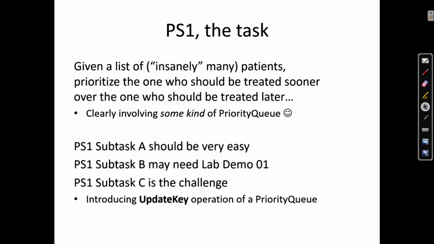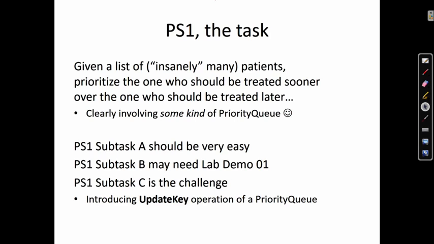So PS1 is like this. You are given a list of insanely many patients. You have to prioritize the one who should be treated sooner over the one who should be treated later. So clearly it involves some kind of priority queue. There are 3 subtasks. Subtask A should be easy, because you don't have insanely many patients, just a small number.